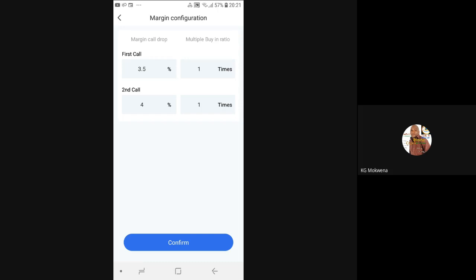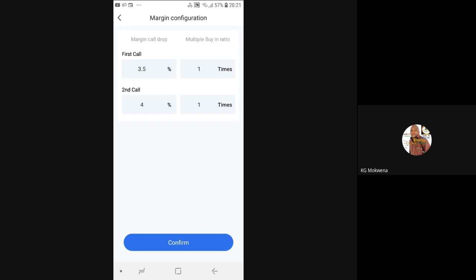However, what we want is for the robot to execute a margin call, meaning to buy again on top of what we have of Solana, after a 3.5% drop.